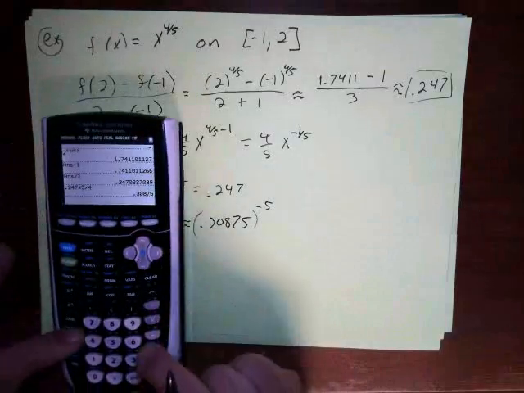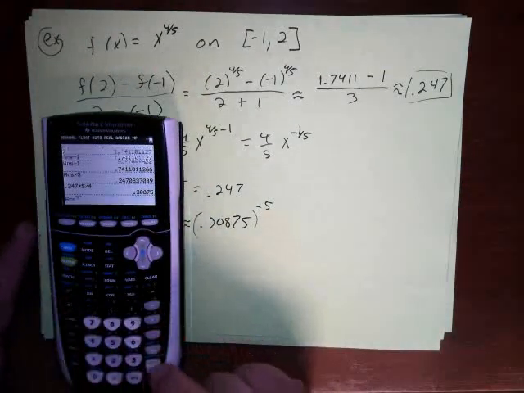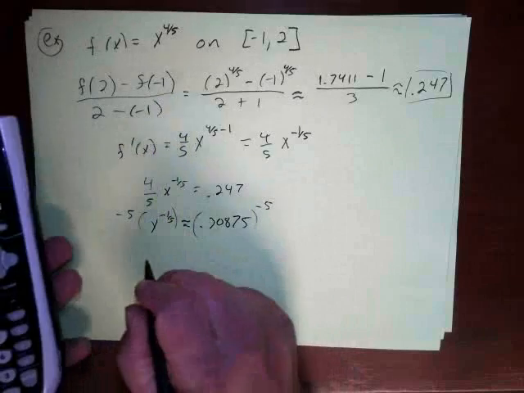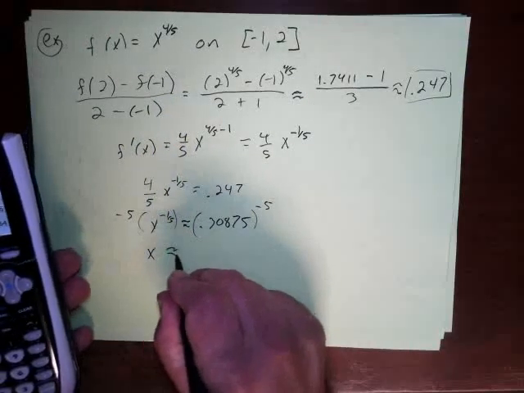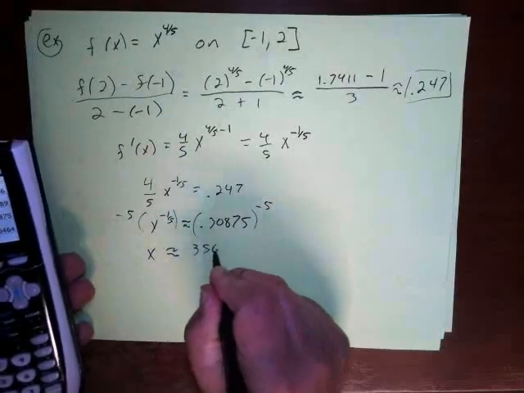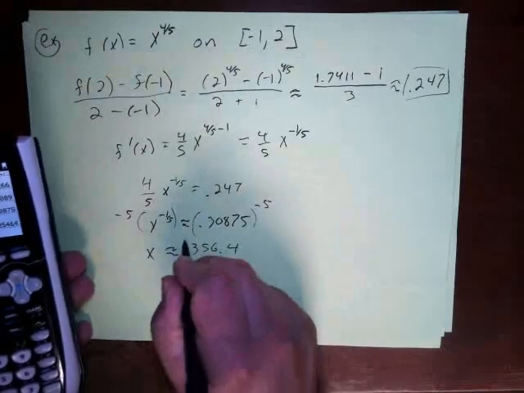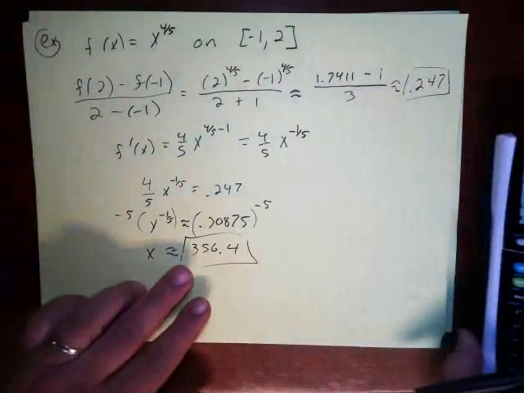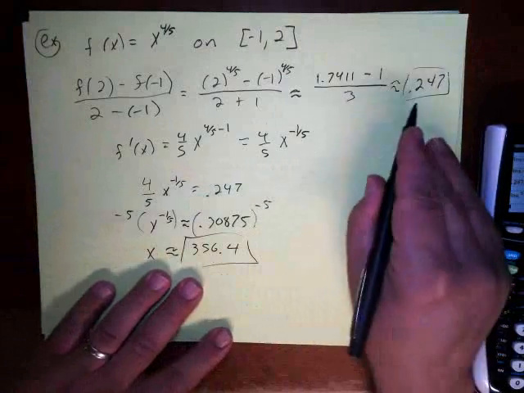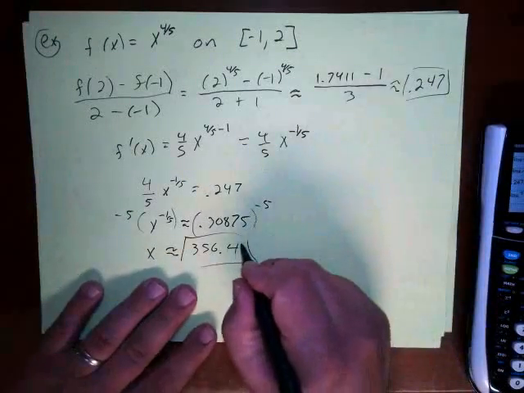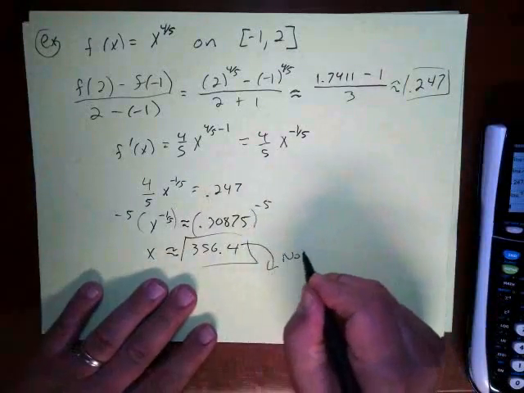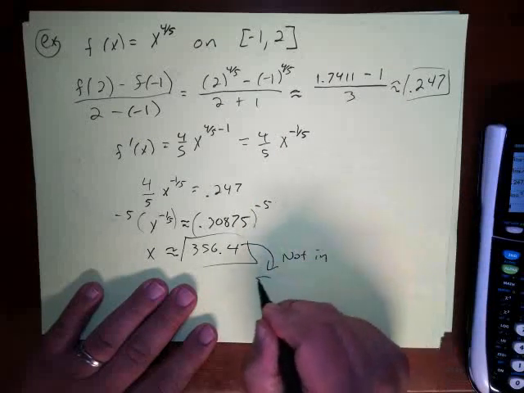And then when I raise that to a -5, look at what I get. I get x by itself is approximately 356.4, okay? So this is what's going to give the derivative the same value as that, but notice this is not in this interval.